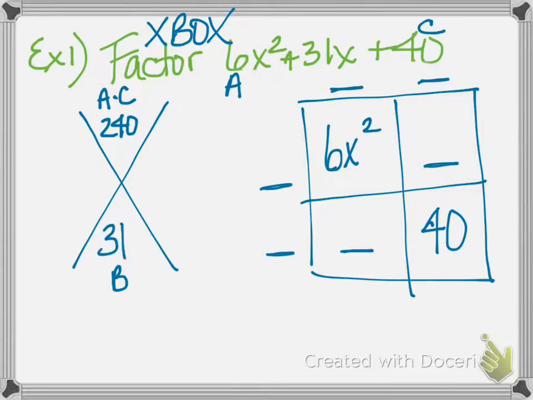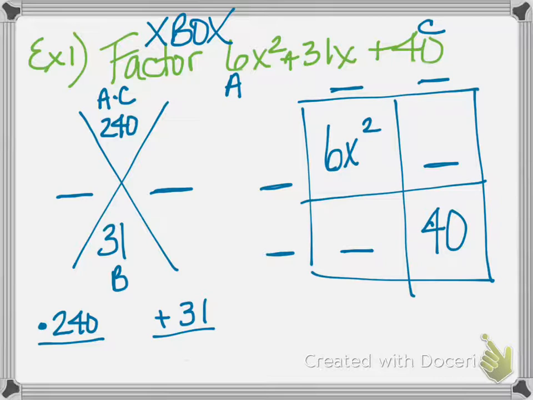So this is 31. Now to fill in these two sides, you're going to have two numbers that multiply to 240, that top piece, and add to 31. Still the same idea. 240, that's why I said this is not an easy one to start with, because 240 obviously has a lot of factors, but we can go through and try them all.